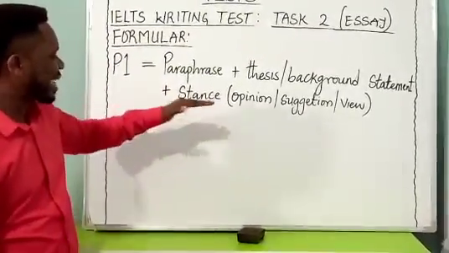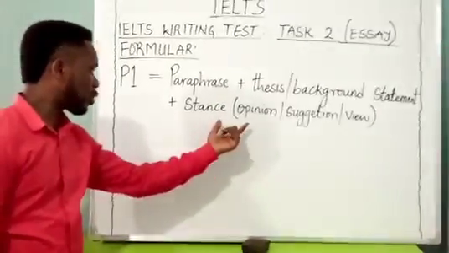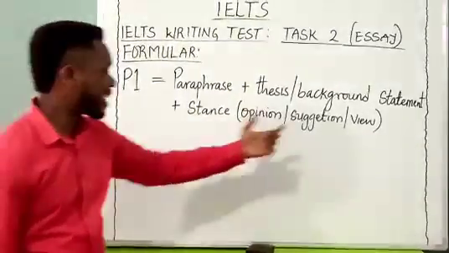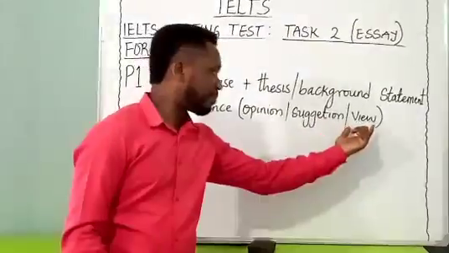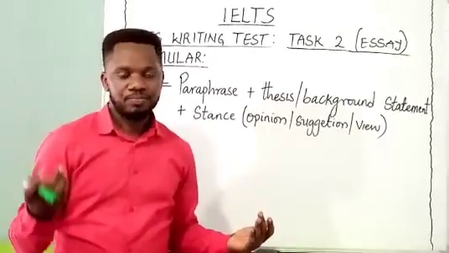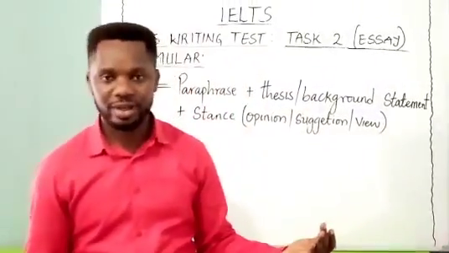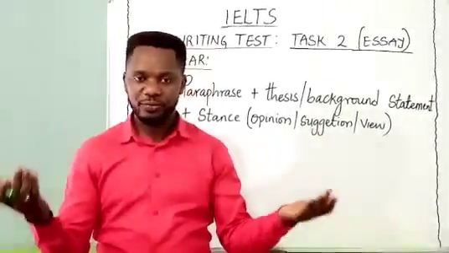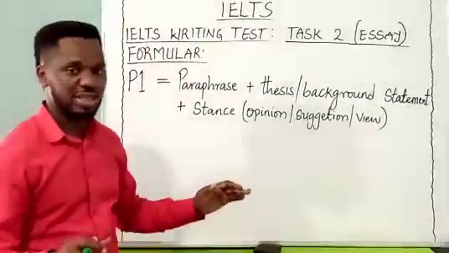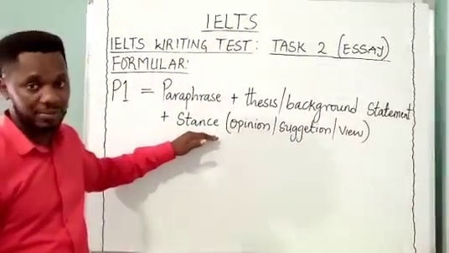And then your stance. Some questions might demand that you give your opinion, make a suggestion, or give your own view. Sometimes you might be asked to either agree totally or not agree, or you speak on both views. So whatever the instruction is, your stance is very important that you have it.